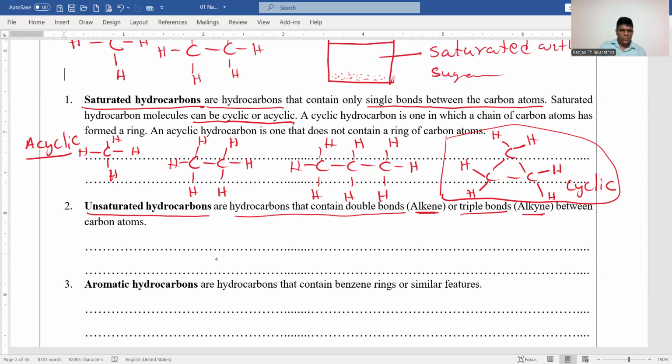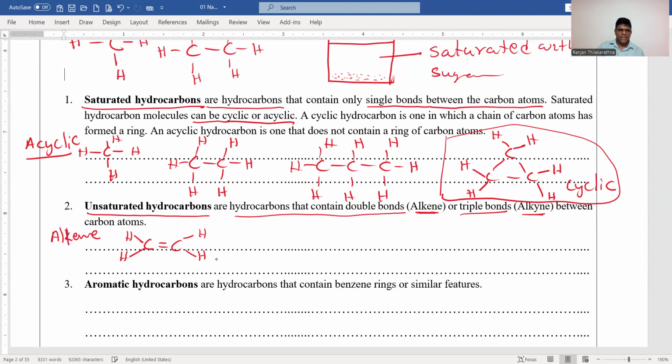If you have a compound like this having a double bond, this is called an alkene. Any hydrocarbon having double bonds between carbon atoms is known as an alkene.